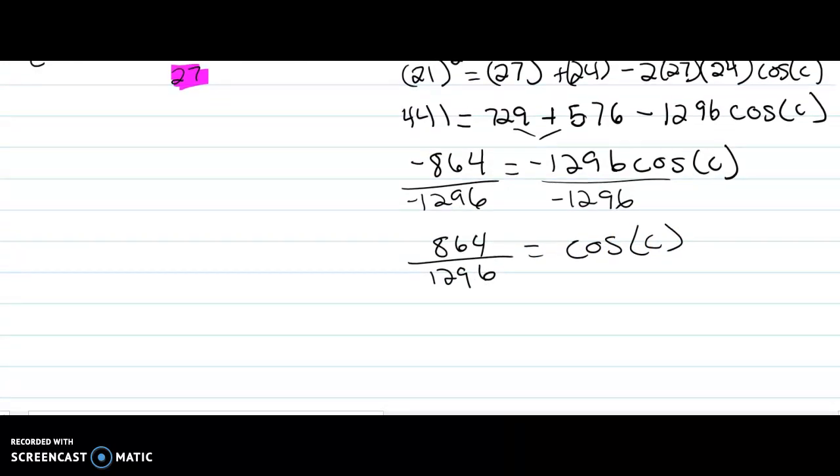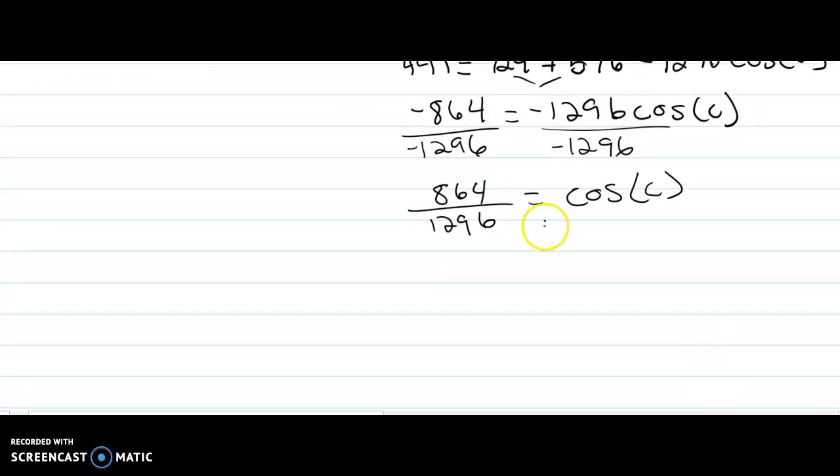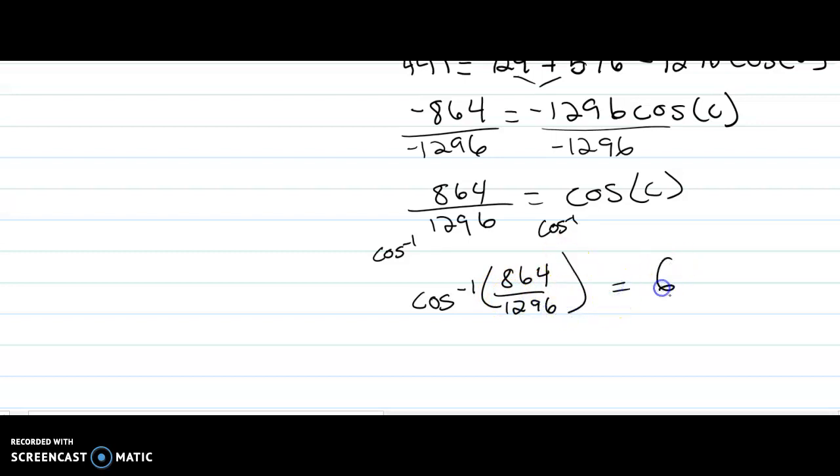Okay, well, how do I undo that cosine and get c by itself? I use the inverse cosine. So now I get the inverse cosine of 864 over 1,296 is equal to c. I plug that into my calculator. I get angle C is equal to 48.2 degrees.